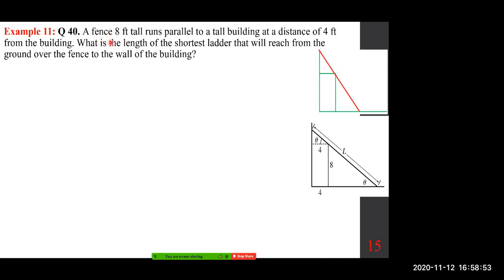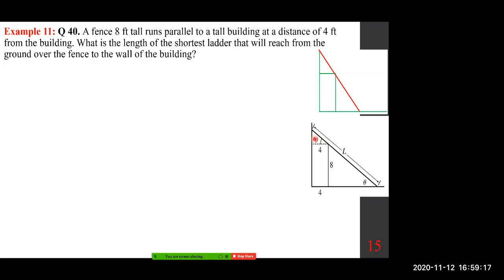Here's the fence, so it's 8. And the distance to this building, which is a tall building, is 4 feet. So this is 4. And when you do that, this becomes theta, this becomes theta. The two angles are the same.